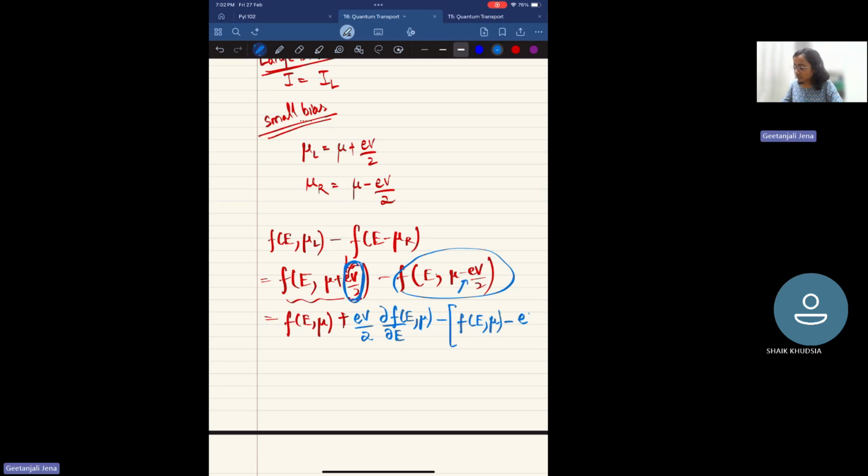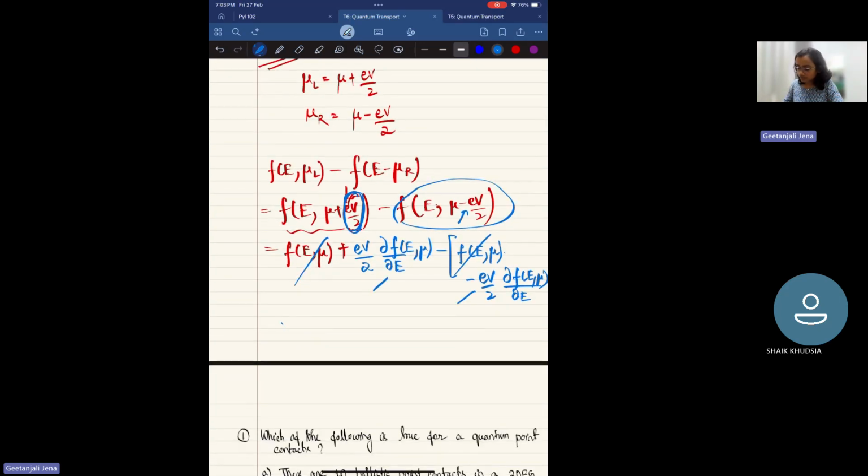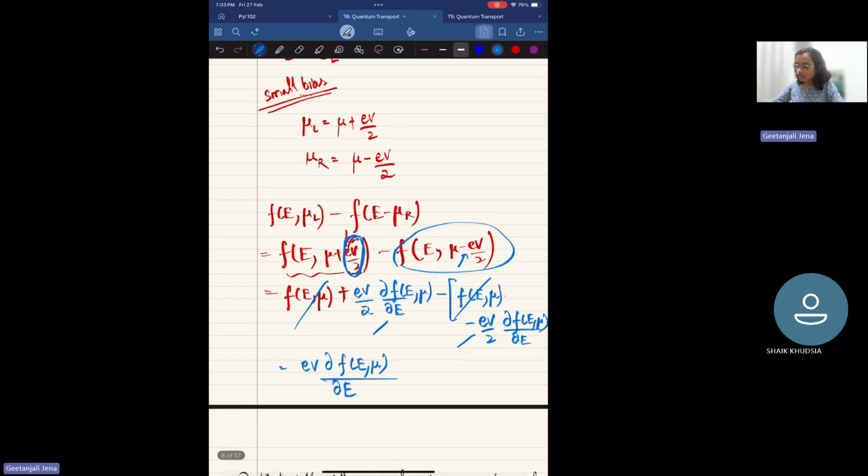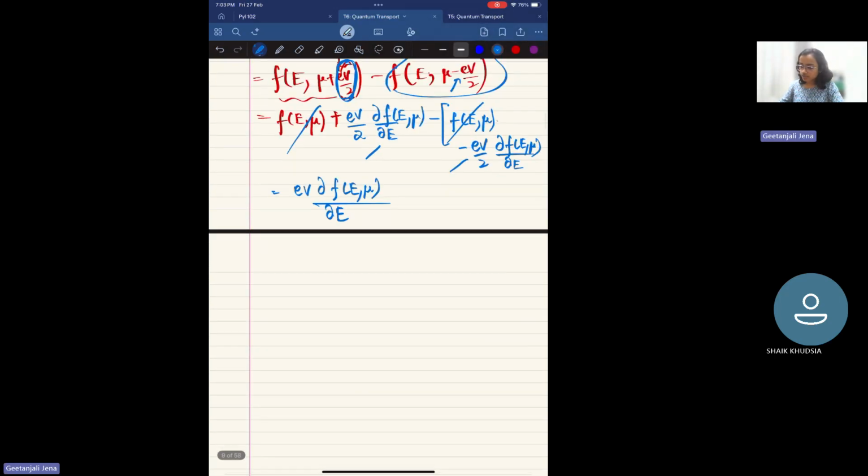So overall, this will cancel and these two terms will give EV times dou f(E, mu) by dou E. This is for the small bias case.